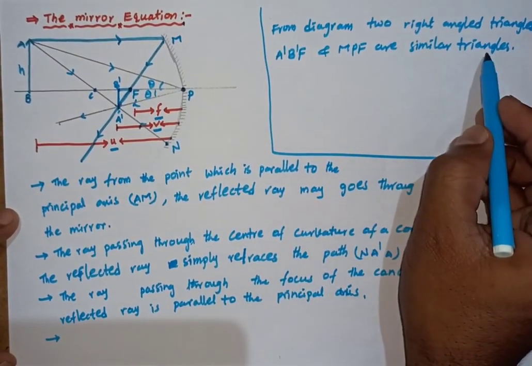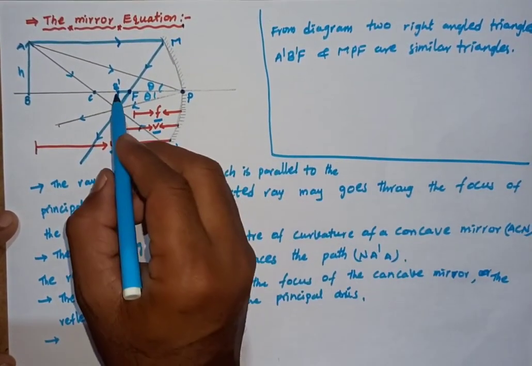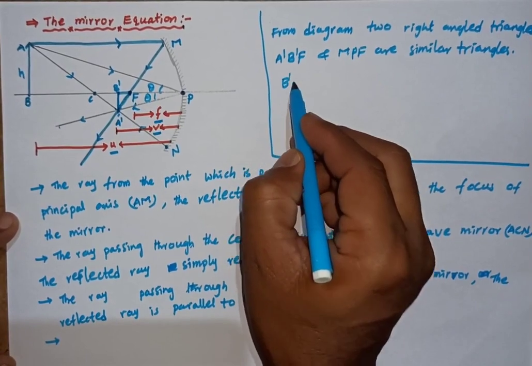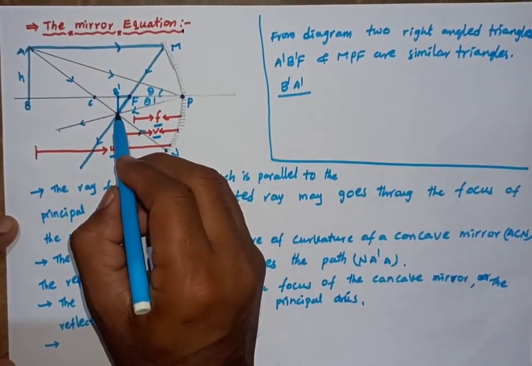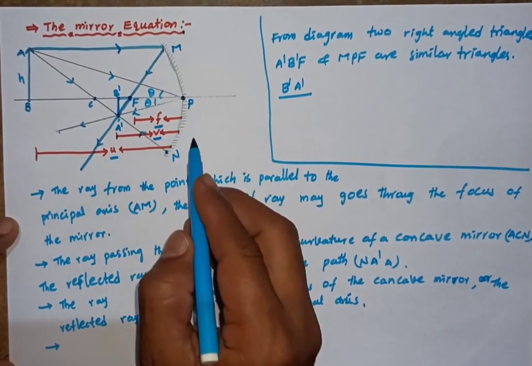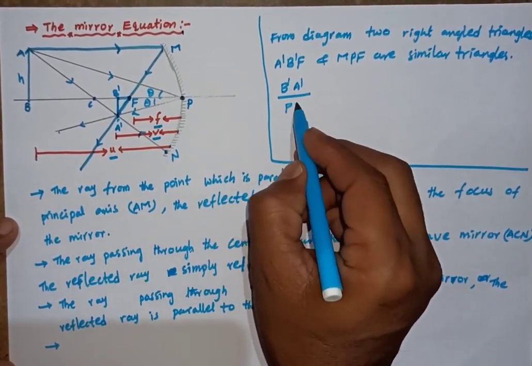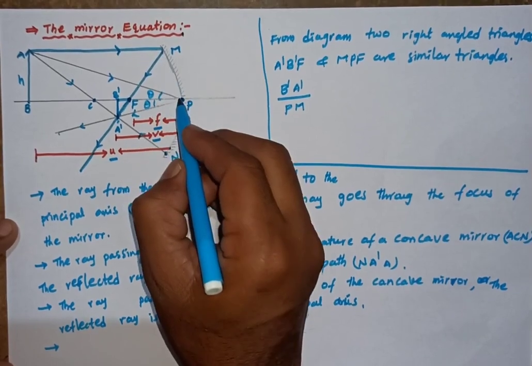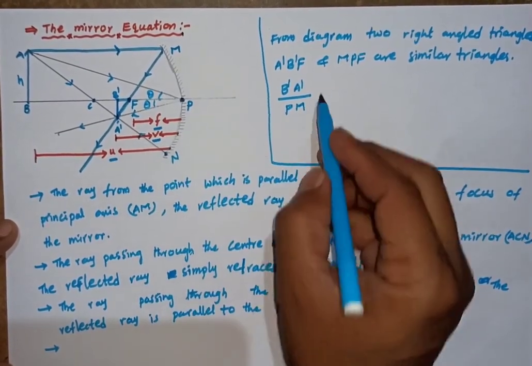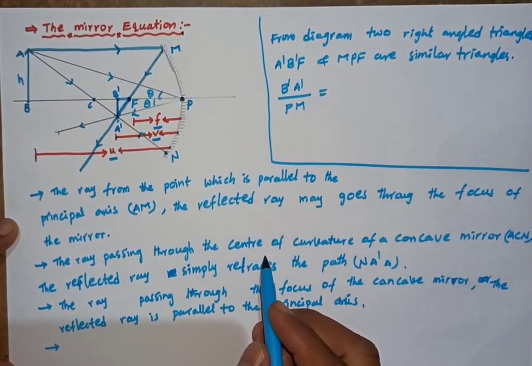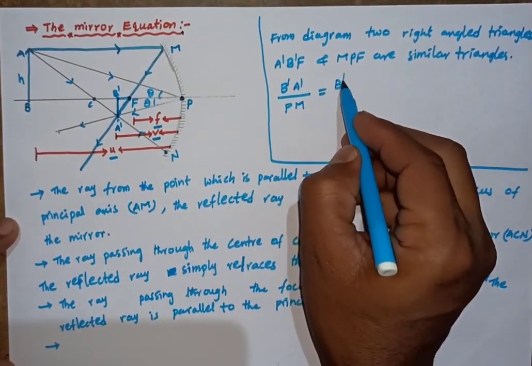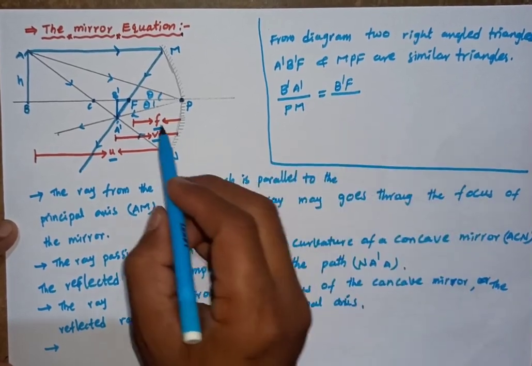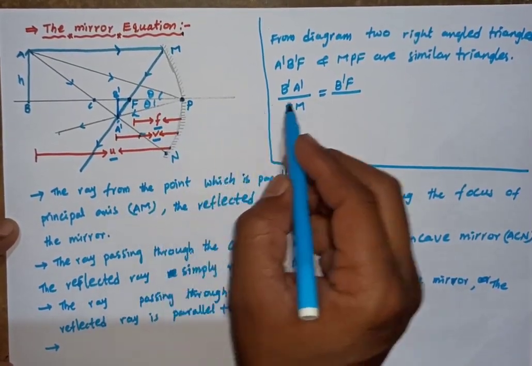For similar triangles, B dash A dash divided by PM equals B dash F divided by FP.